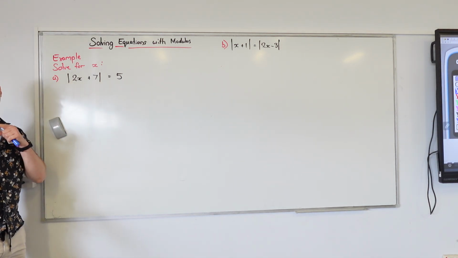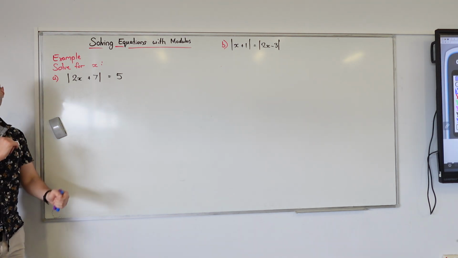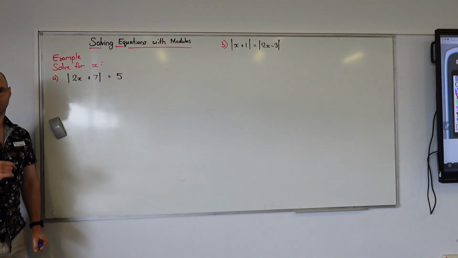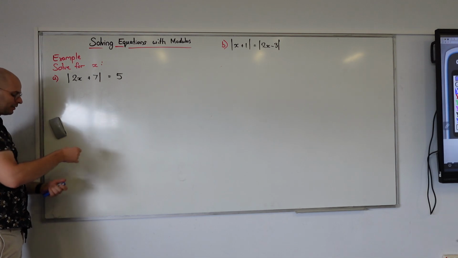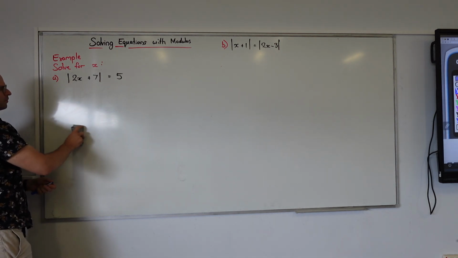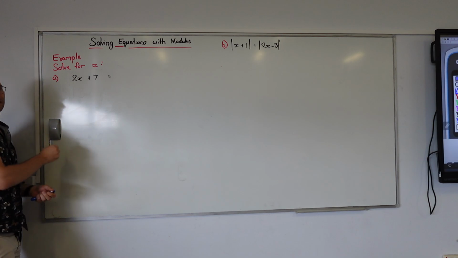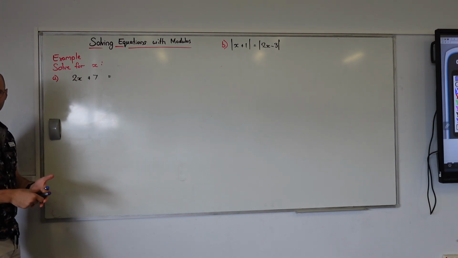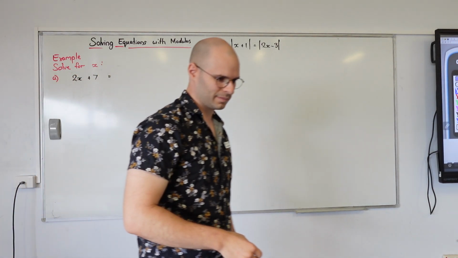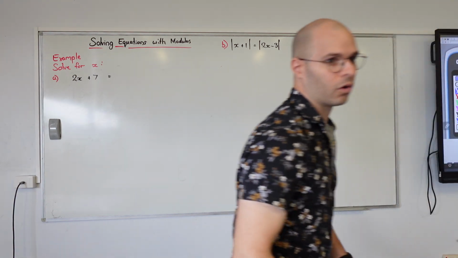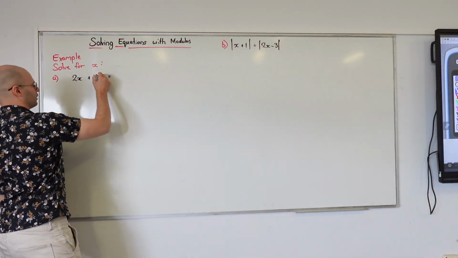Now, imagine the modulus was not there. What values could come out of 2x plus 7? So ignore that. What values do you reckon could come out of there? Anything really. It could be positive or it could be negative, couldn't it?